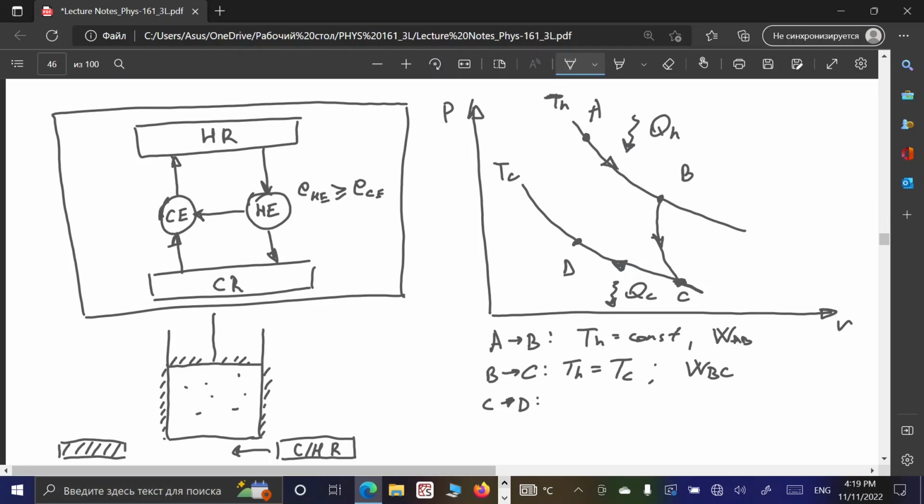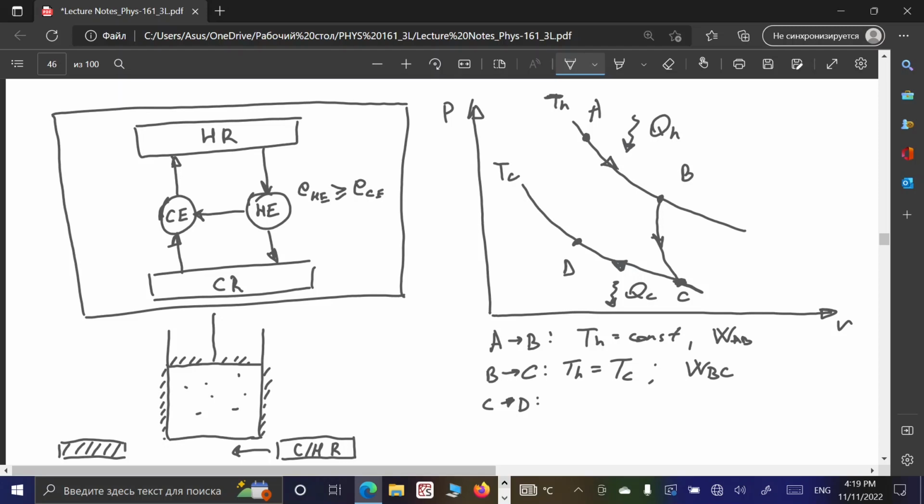What is important here, first of all, is that temperature doesn't change, because we already cooled down the initial temperature, reduced from TH to TC. And now we reduce volume.